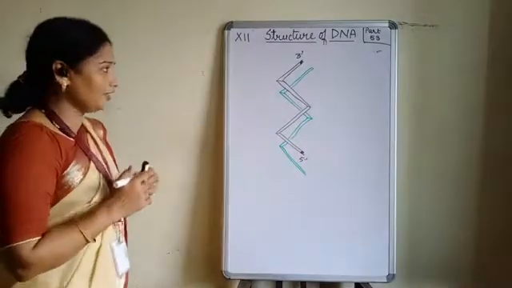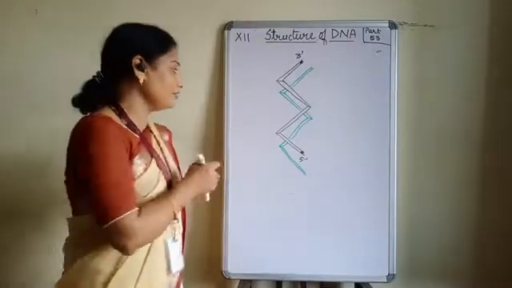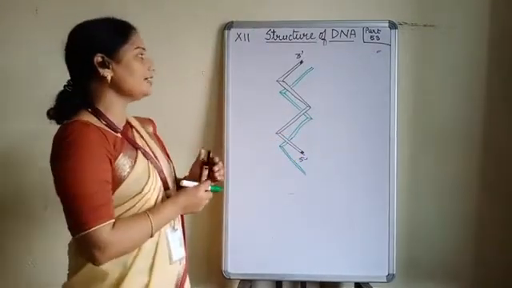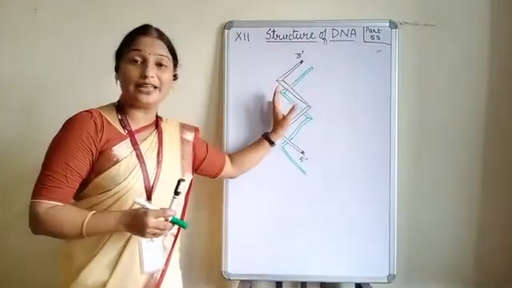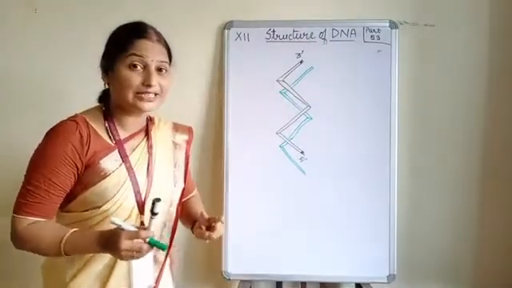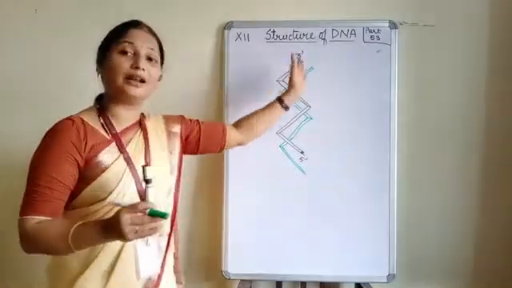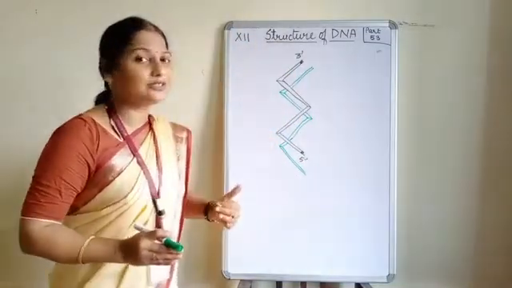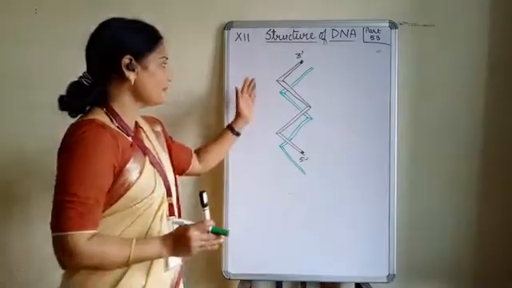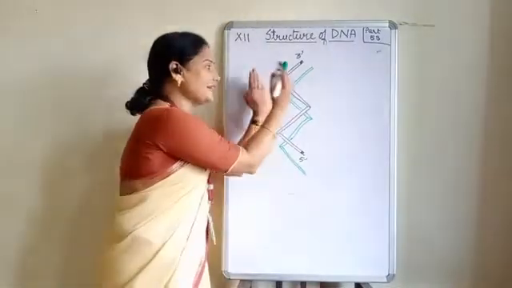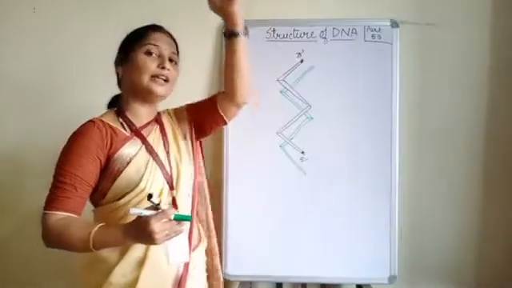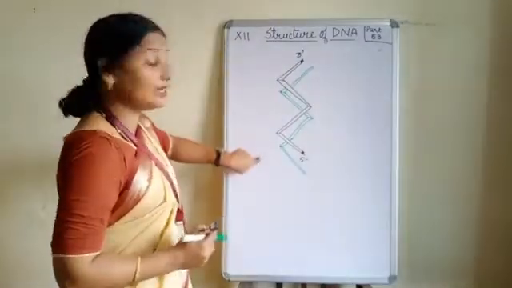Now, if I have tried my level best, can you imagine that these are the two sides of the ladder which are not crossing each other, but they are running parallel, anti-parallel, like they are running parallel to each other. This we will see afterwards, how it is anti-parallel. So these are the two sides of the ladder. Without crossing each other, they are moving up. So this is the double helical structure.